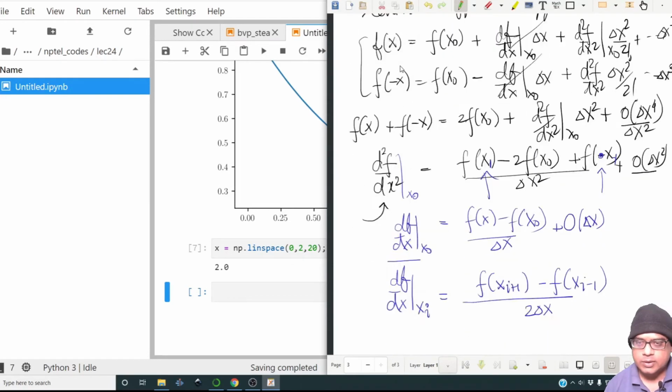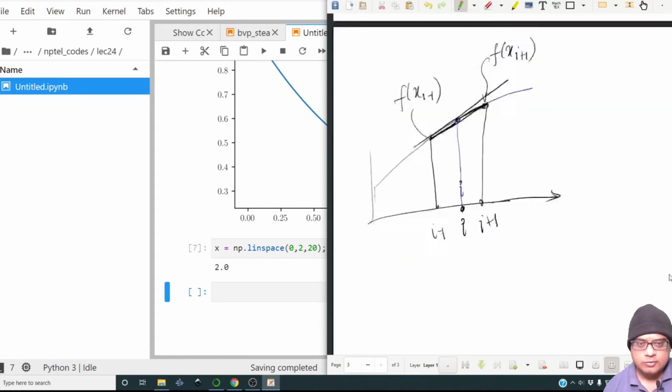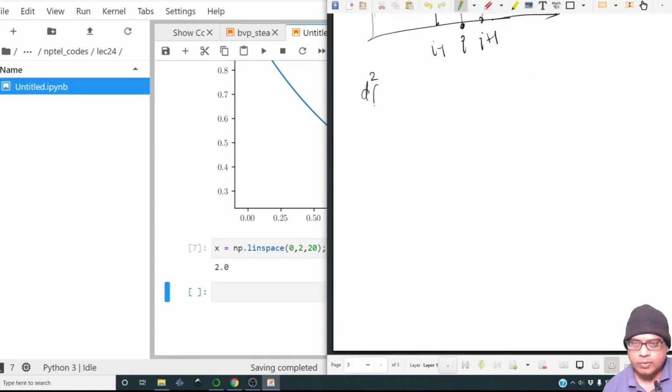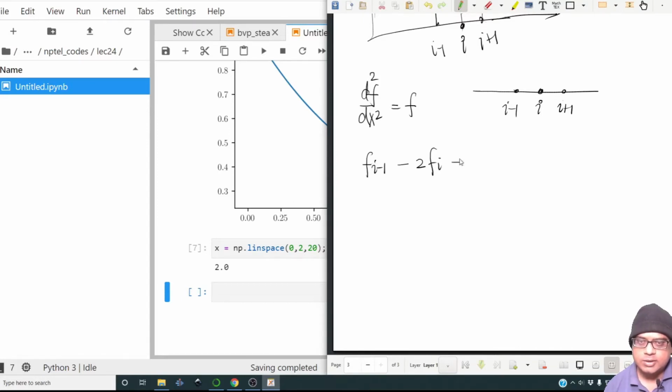So d2f/dx2 is equal to f. I can do a finite difference approximation at the ith node. So this will be fi minus 1 minus 2 fi plus fi plus 1 divided by delta x square, which is going to be equal to fi. Obviously the left hand side is order delta x square accurate.